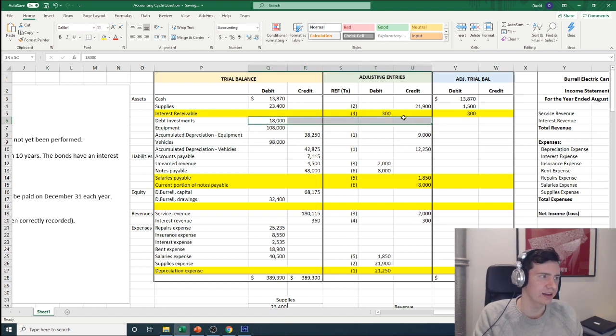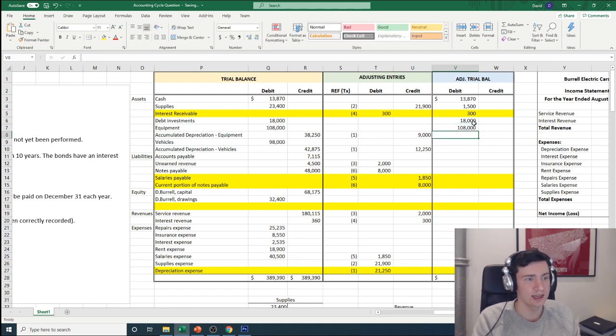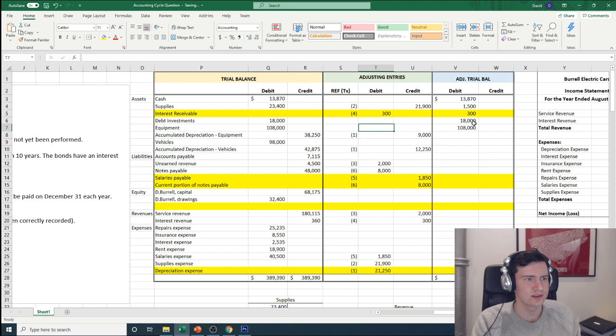Remember, we're just adding all these up. There is no adjusted entry for debt investments, so this is going to be 18,000. Equipment didn't change, or at least the equipment account didn't change. And does anyone know why the equipment account doesn't change if we depreciate it?